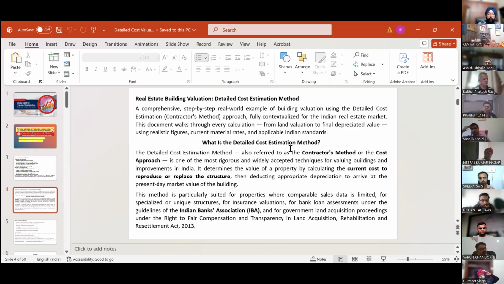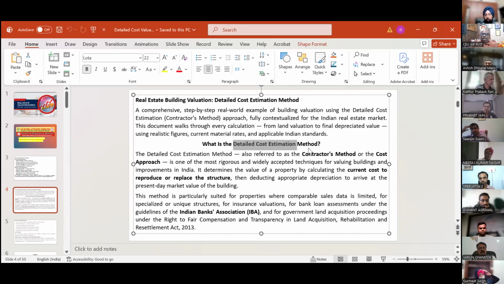But in detailed cost estimation, what do we do? Can anybody explain what the detailed cost estimation method is?